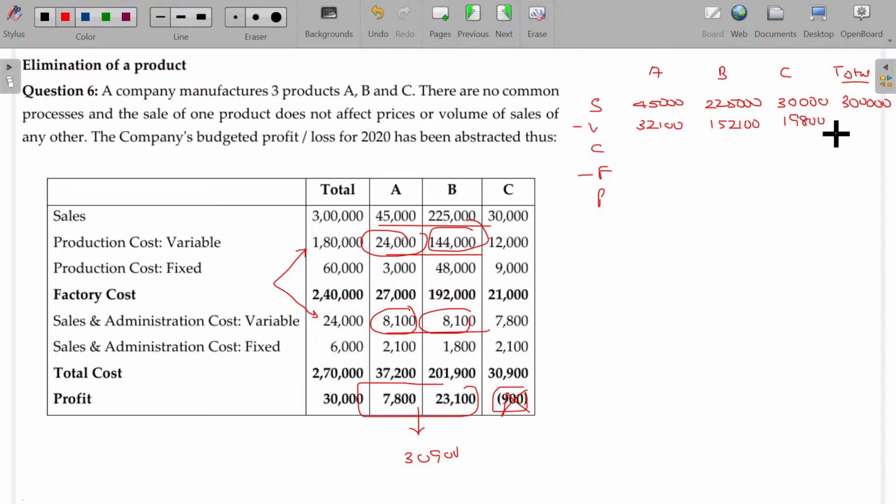What is the total value? 2 lakhs 4,000. And what about your contribution? 12,900.